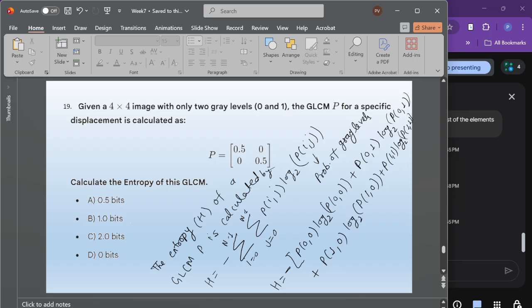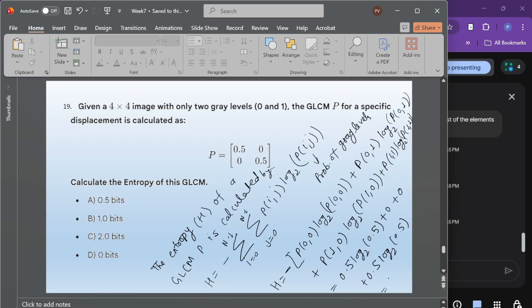Now put in the values. P00 is 0.5, so 0.5 log base 2 0.5, and all other values, P01 and P10, are 0, plus 0.5 log base 2 0.5.